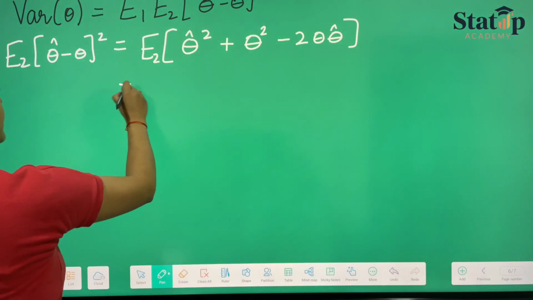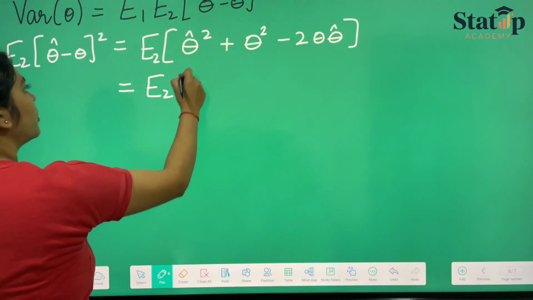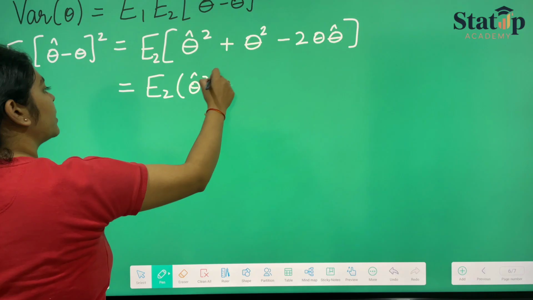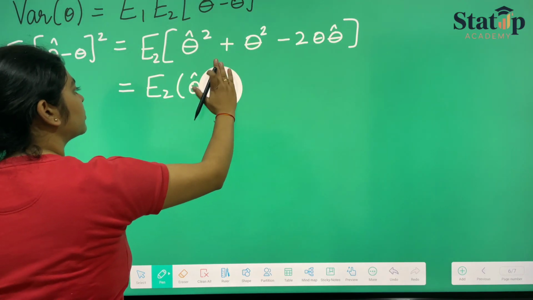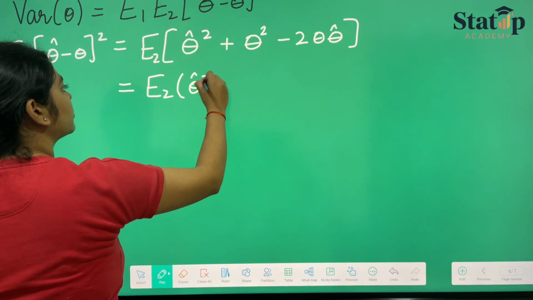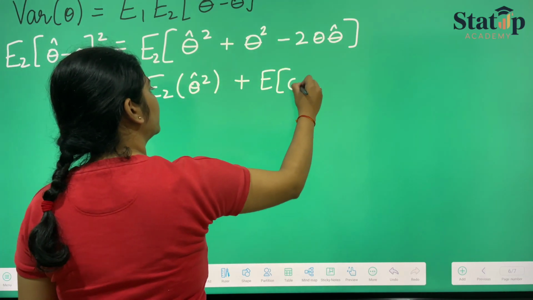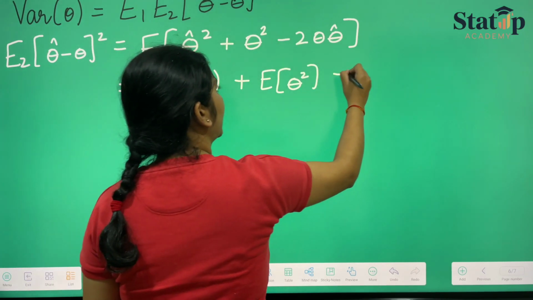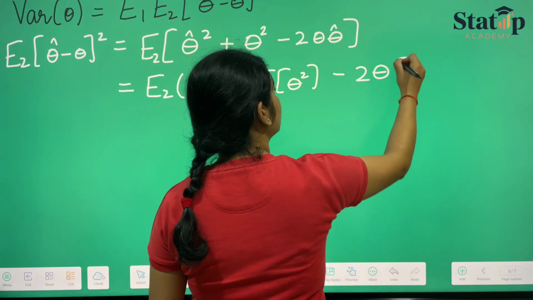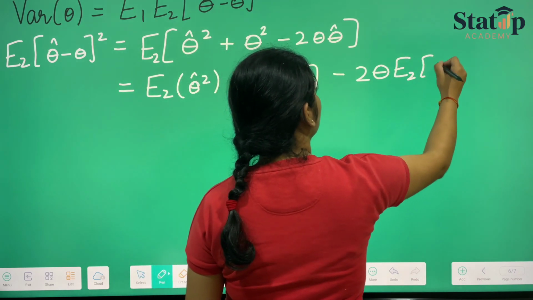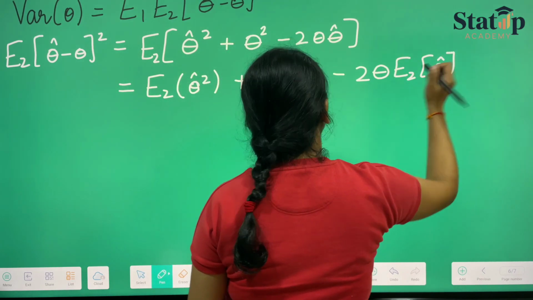Now we'll take the E2 inside: E2 of theta cap square plus E2 of theta square minus 2 theta E2 of theta cap.